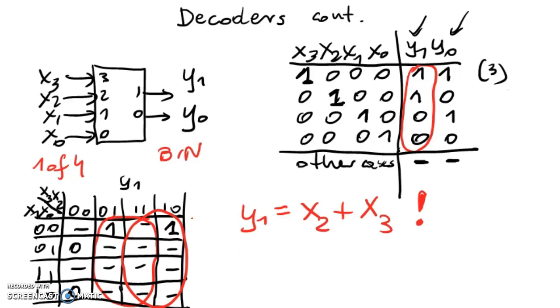Now I'd like to switch to a bigger one, and show you another approach, the other approach without minimizing using K-map, because the number of inputs is too high to do it. Let's suppose you've got an 8 input decoder.